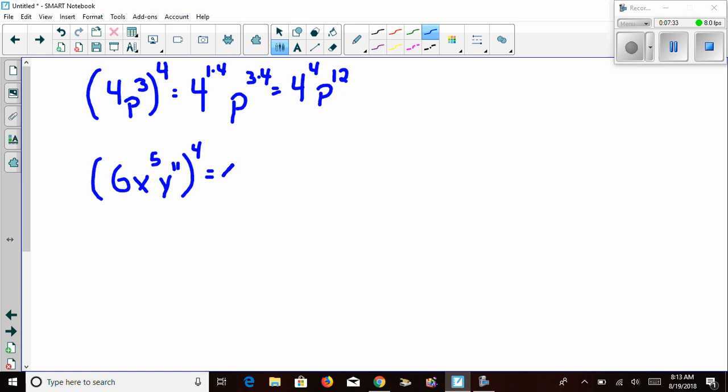The 6 has an exponent of 1 that I'm going to multiply by the 4. The x has an exponent of 5 that I'm going to multiply by the 4. And the y has an exponent of 11 that I'm going to multiply by the 4. When I simplify those exponents, I now have 6 to the 4th, x to the 20th, y to the 44.